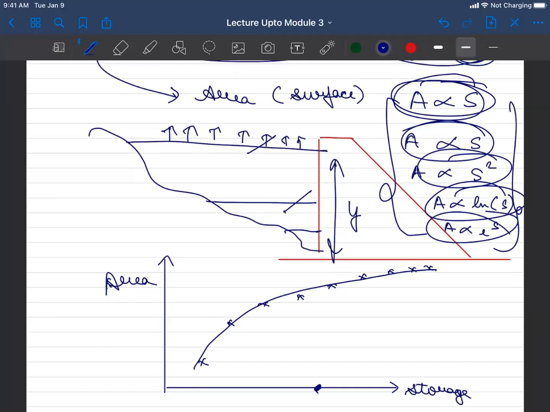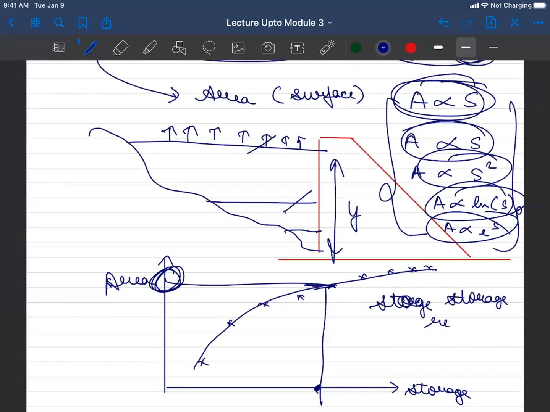Now, if you know the storage, based on your hydrological understanding you can quickly determine what the area is. And we call this the stage storage relationship.